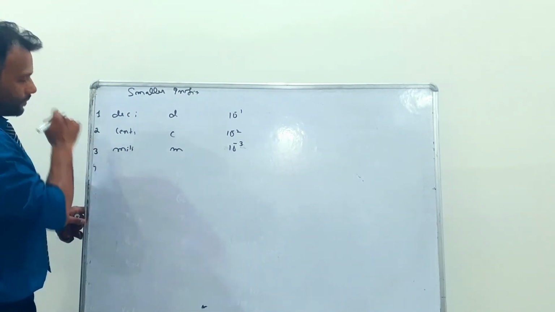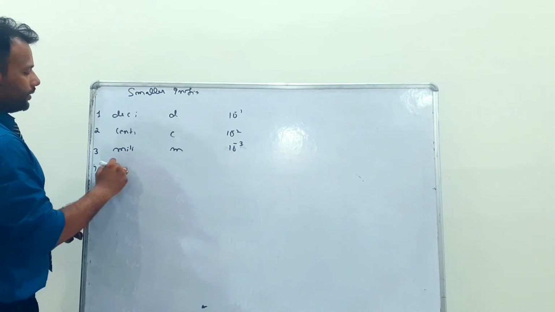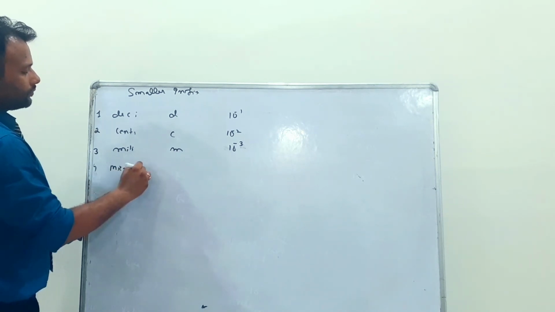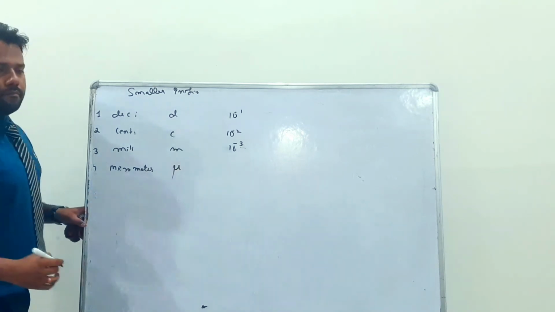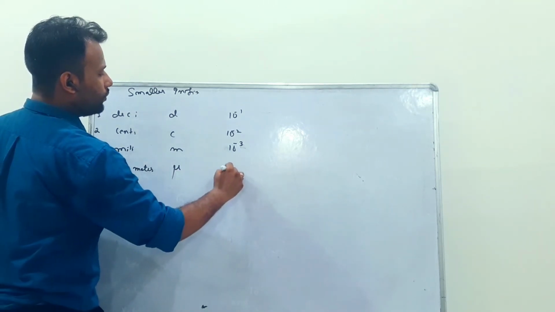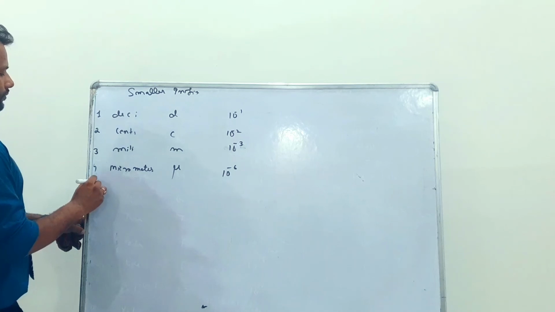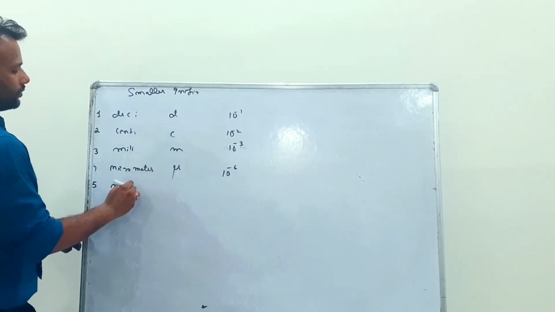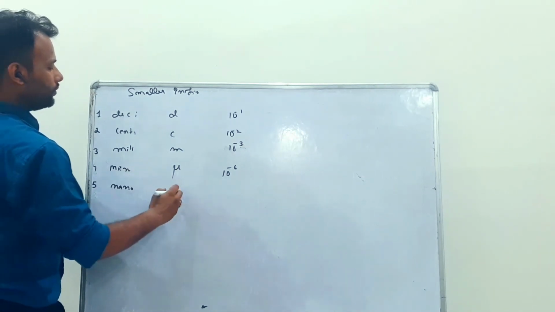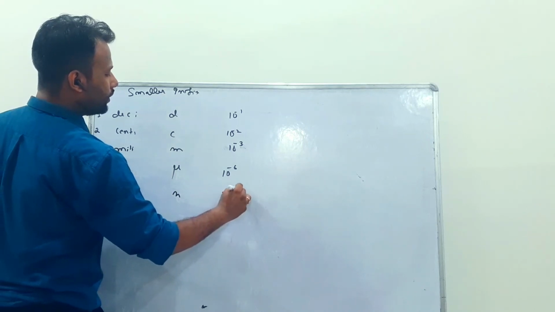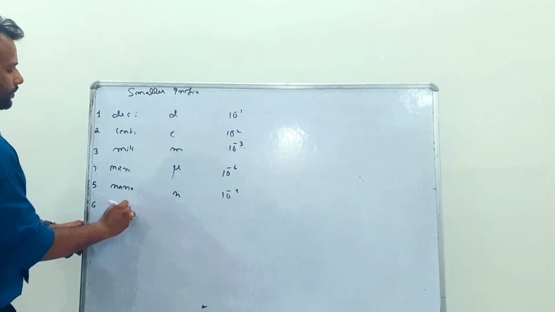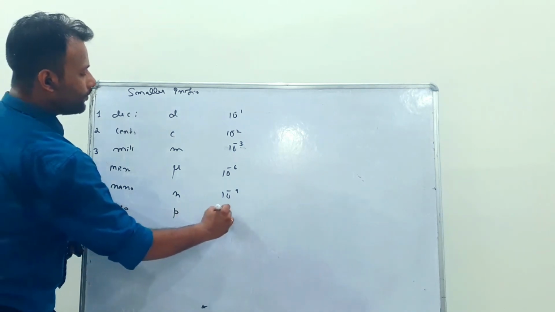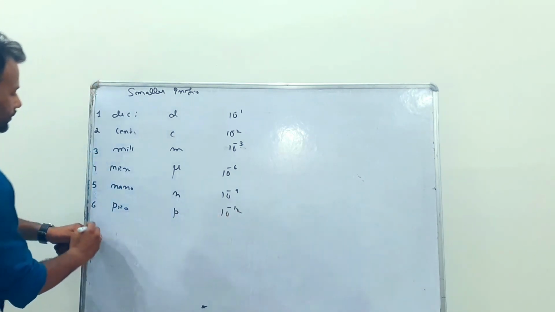Then micrometer. The symbol is mu, 10 to the power minus 6. Nanometer, nano, that is n, minus 9. Pico, minus 12.